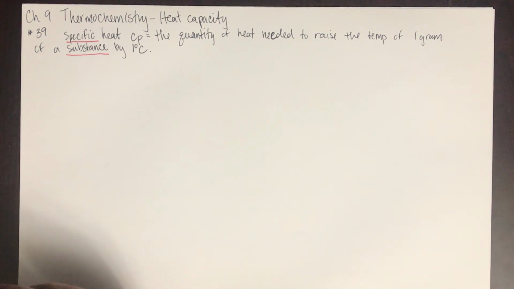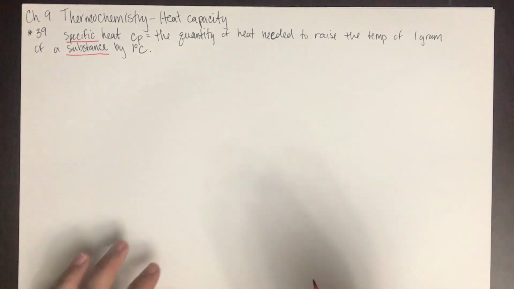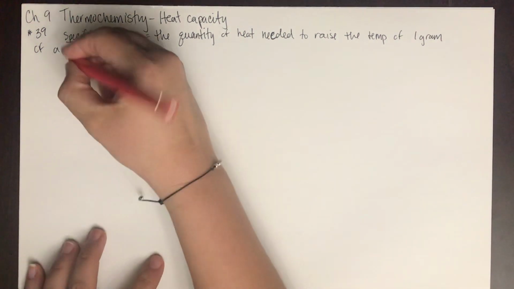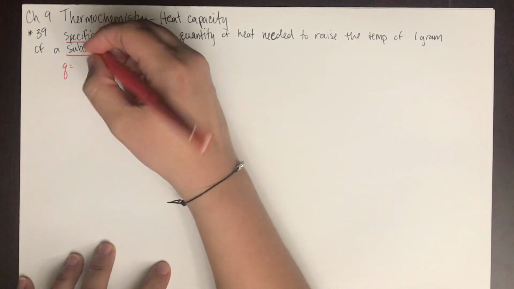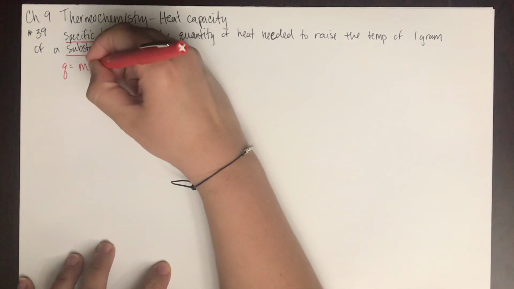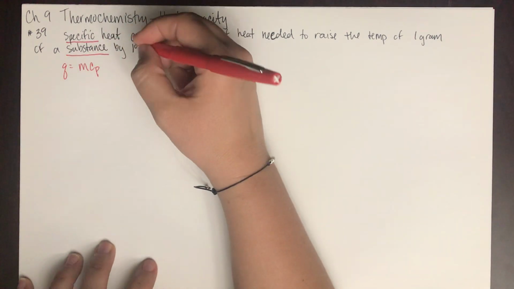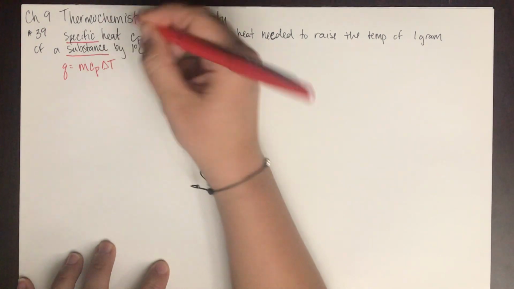The formula for using specific heat is Q, heat, equals the mass of the substance times the specific heat of the substance times the change in temperature.